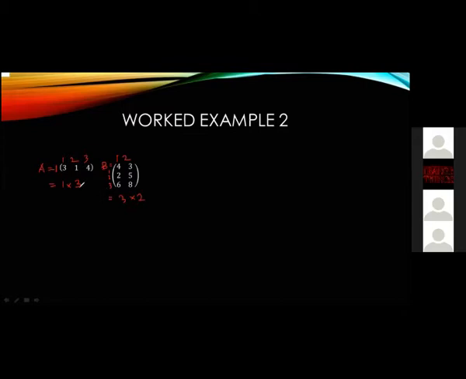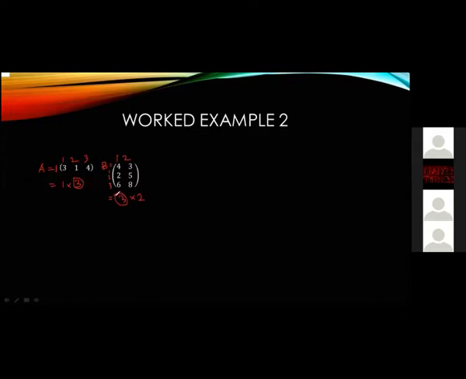The key to multiplying matrices is that the number of columns in the first matrix has to be equal to the number of rows in the second matrix.